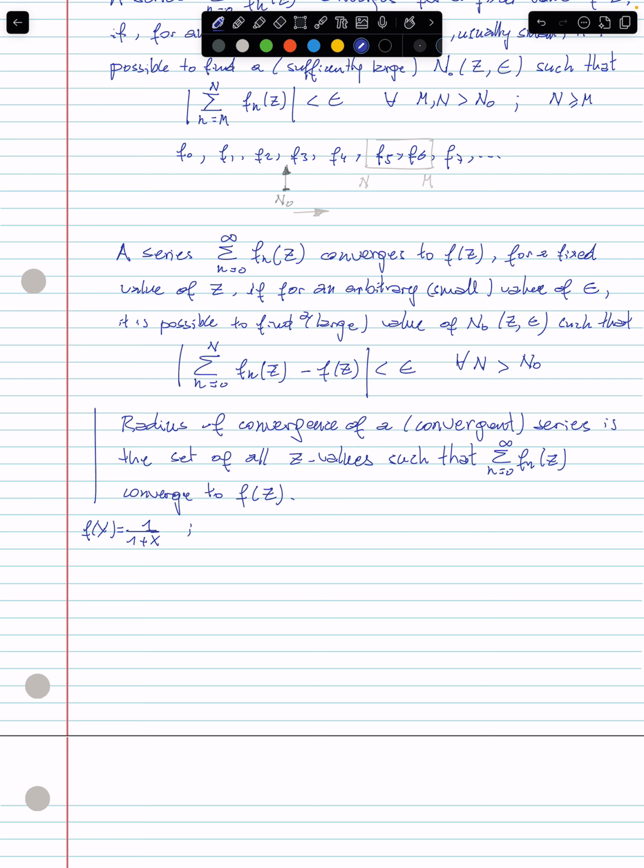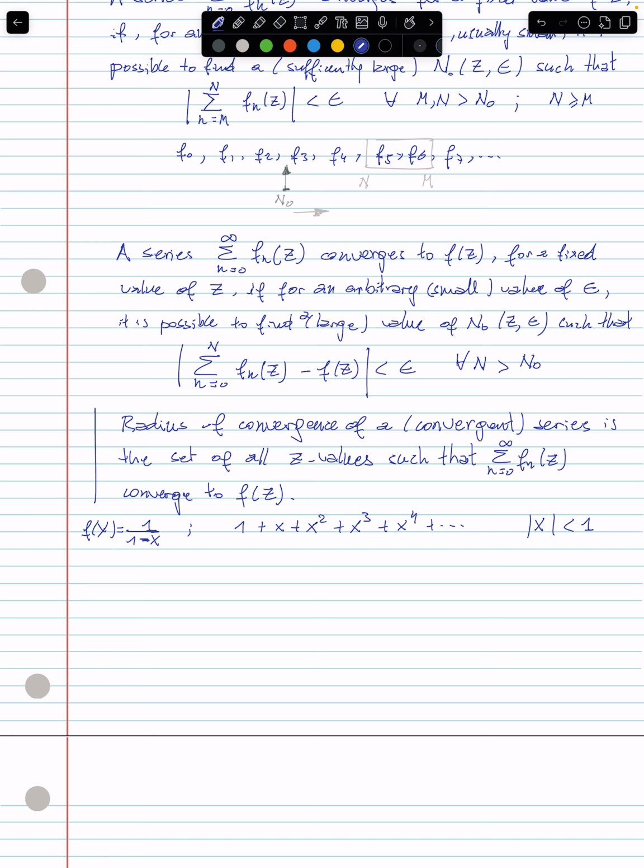We know that this can be represented by a series whose terms are, let's make it even simpler, 1 minus x over here can be represented by a series whose different terms would be 1 plus x squared, x to the third, etc. And you see that this series converges provided x is strictly smaller than 1. Otherwise, the series is said to be divergent.